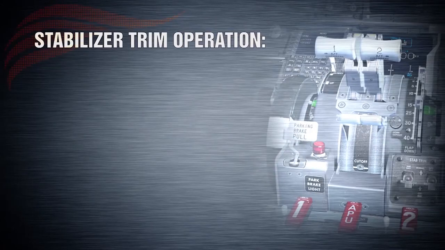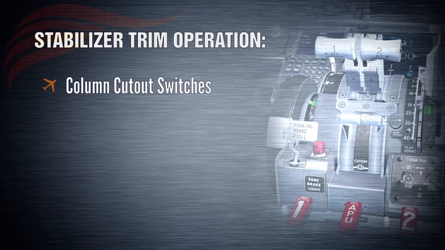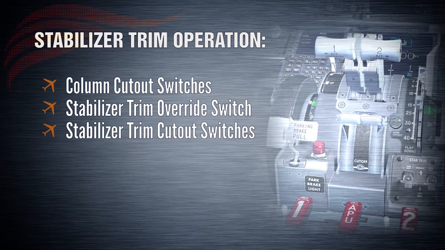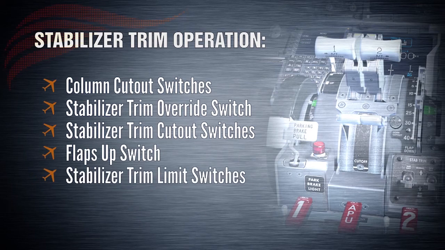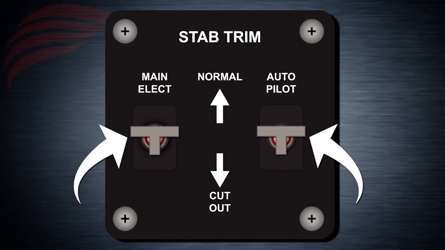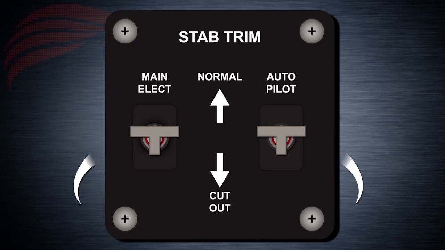There are various switches associated to stabilizer trim operation: column cutout switches, stabilizer trim override switch, stabilizer trim cutout switches, flaps up switch, stabilizer trim limit switches. The column cutout switches allow for the stabilizer trim to stop in case the pilot electrically trims the stabilizer opposite to elevator control input.